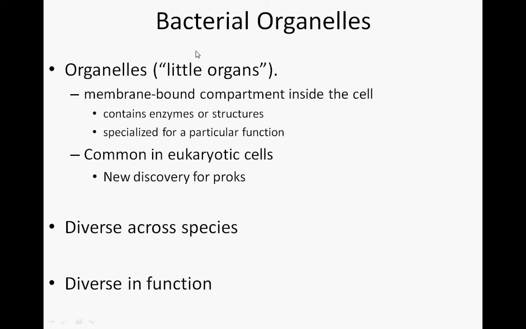Some other things that are found in bacterial cells are what are now called bacterial organelles. The word organelles just simply means little organs, and they're membrane-bound compartments that you find inside a cell. For a very long time, it was thought that the concept of organelles only existed in eukaryotic cells. These are a fairly new discovery for prokaryotic cells.